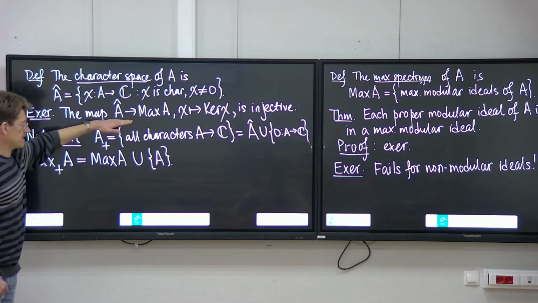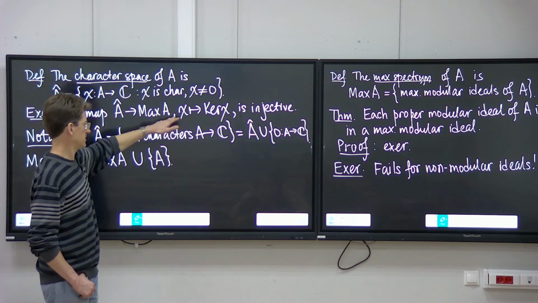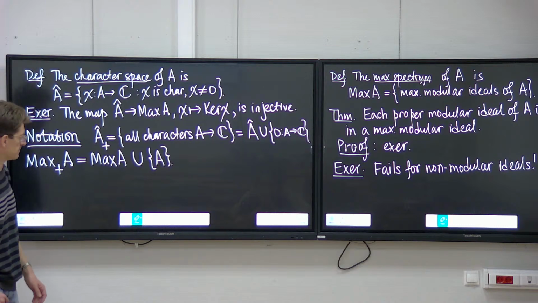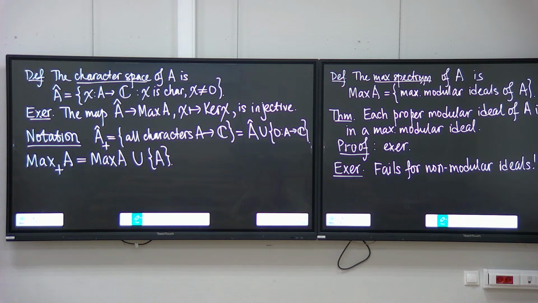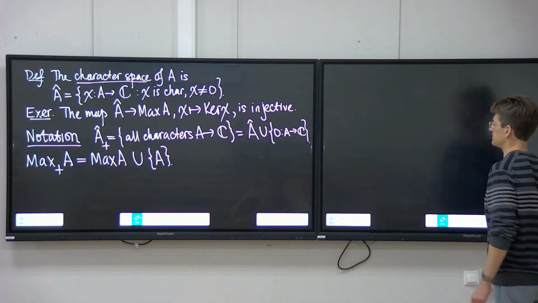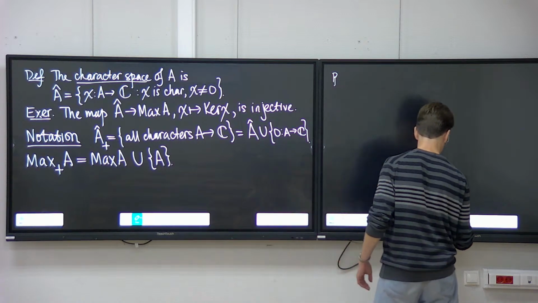So clearly we can extend this map to a hat plus, so that this 0 character goes to A itself under this map. And we have the following result of a proposition.